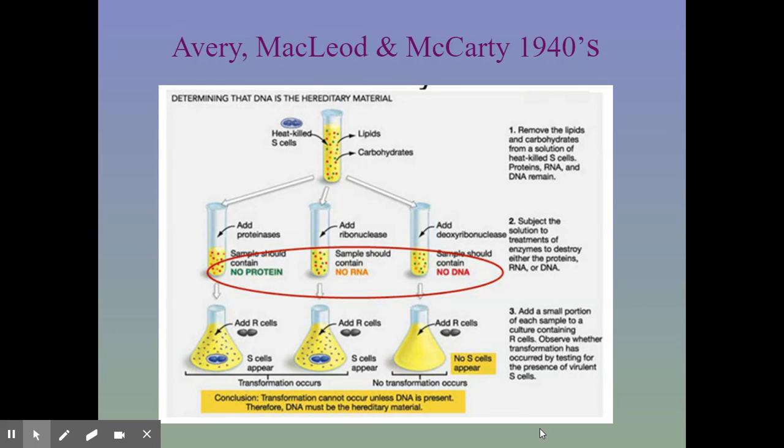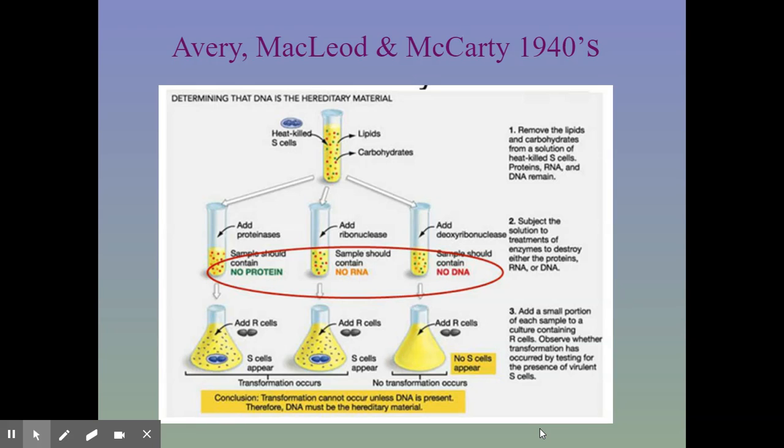So a little bit later, Avery, McLeod, and McCarthy came along, and they did another experiment. And in their particular experiment, once again, they basically concluded that DNA has to be the molecule of heredity.